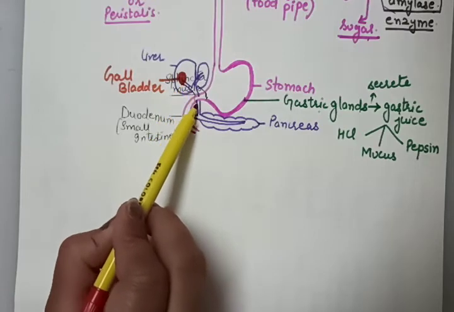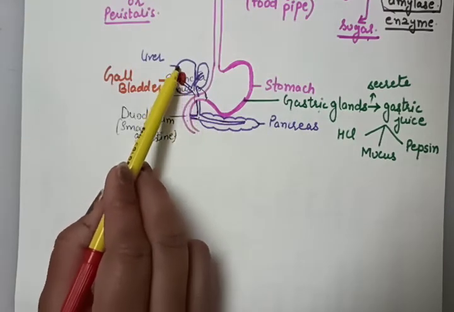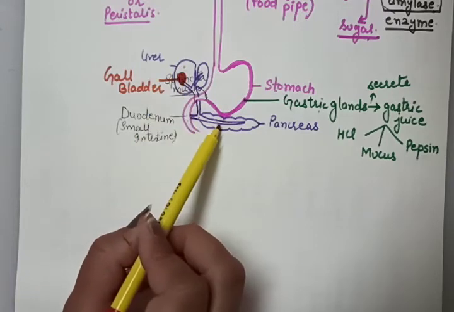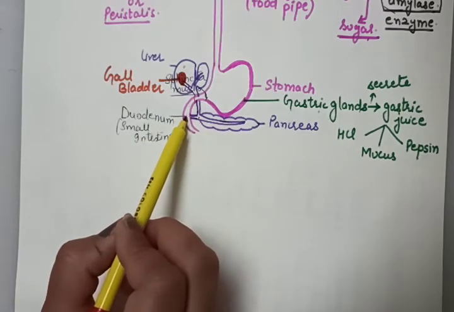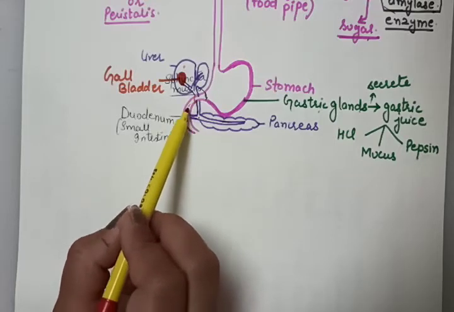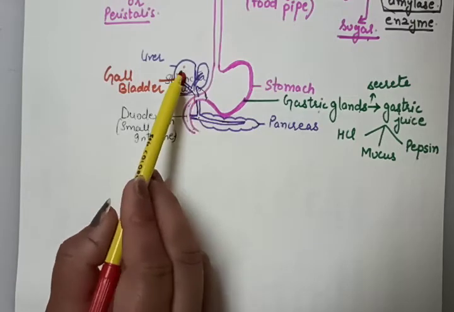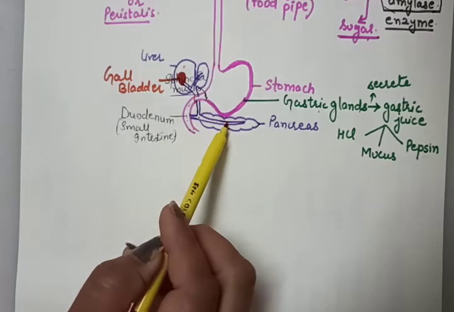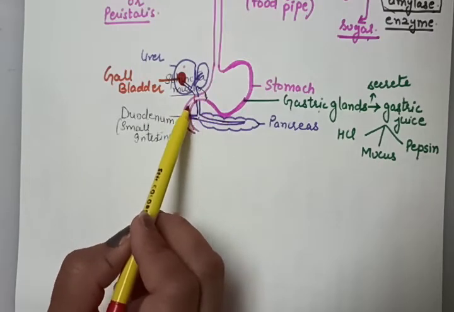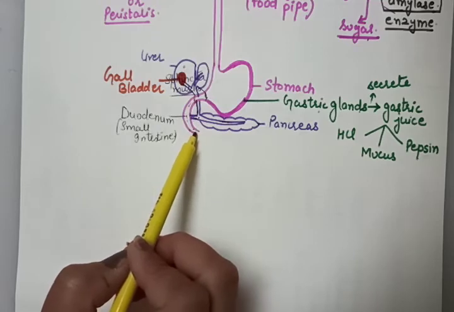This is the duct of the liver and this is the duct of the pancreas. Both the secretions from the liver and pancreas are received by this part of the small intestine, and the food gets further digested. Liver and pancreas secrete their secretions into this part of the small intestine and the food gets digested.